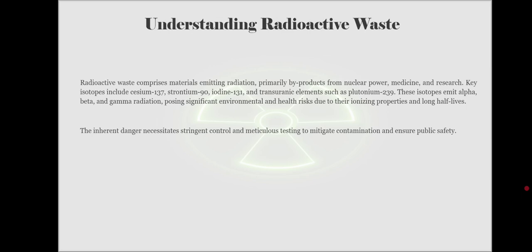It contains isotopes like cesium-137, strontium-90, iodine-131, and transuranic elements such as plutonium-239. These isotopes emit alpha, beta, and gamma radiation. Because of their long half-lives, they remain hazardous for years or even centuries, making careful testing and control essential.